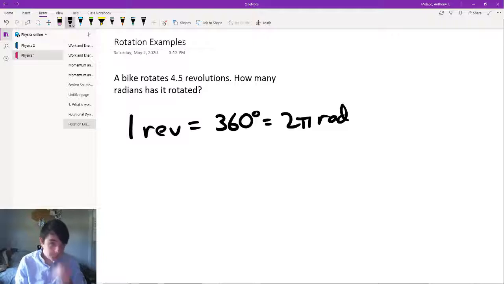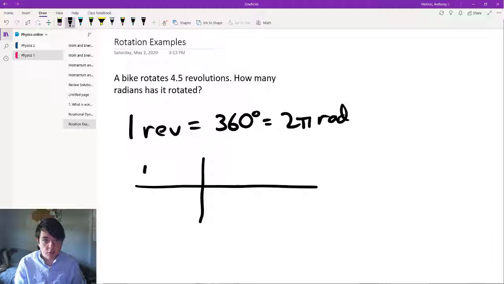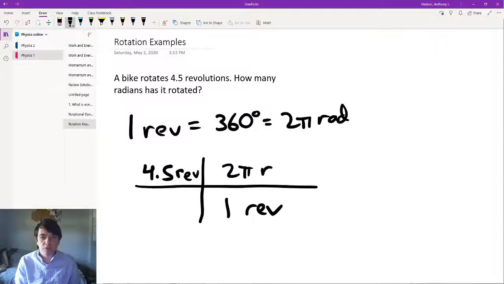Okay. So if we set up our conversion right here, we have 4.5 revolutions. Then you put one revolution on the bottom, canceling out the revolution there. Then you put 2 pi radians on top. That way, revolution cancels because we're dividing by it, and we multiply by 2 pi.